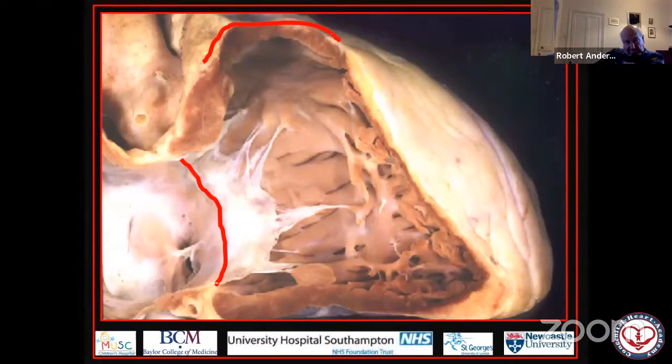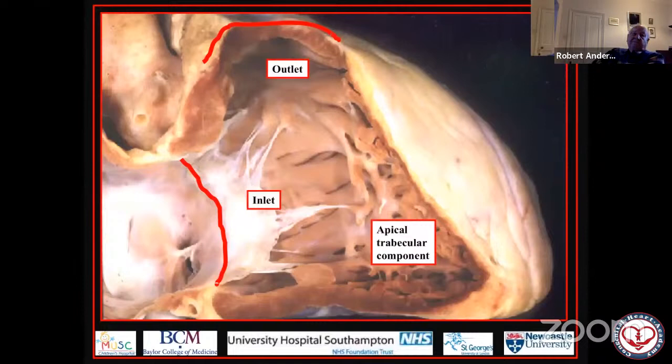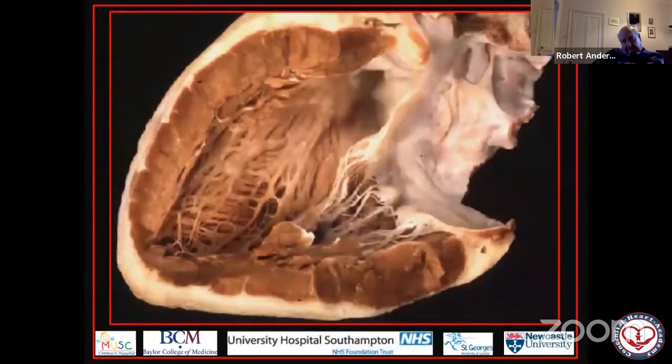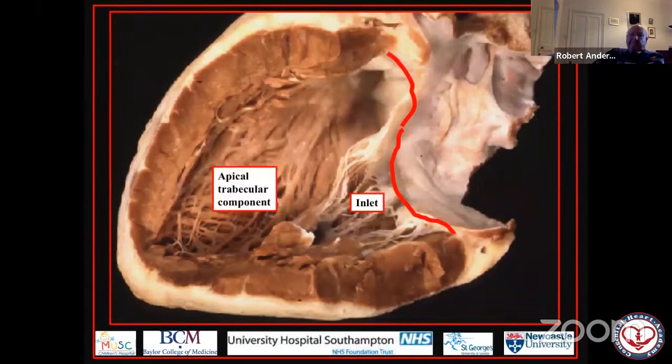But I can show you how, as suggested by Daniel Gour and his work with Lillehei, we can divide the ventricles into an inlet, an apical part, an outlet, seen very nicely here from the right ventricle. And then if we look at the left ventricle, again, taking the mass as extending from the atrioventricular to the ventricular arterial junctions, we can recognize the inlet, the apical trabecular component, and the outlet.